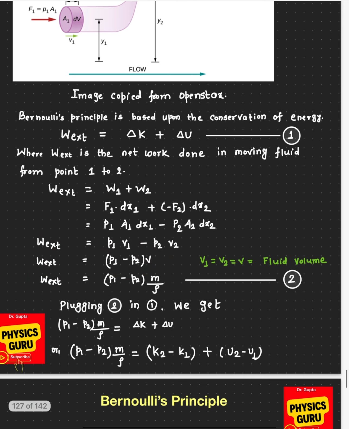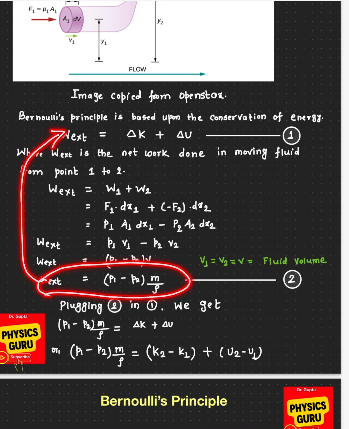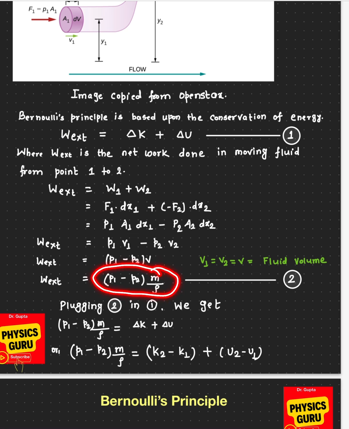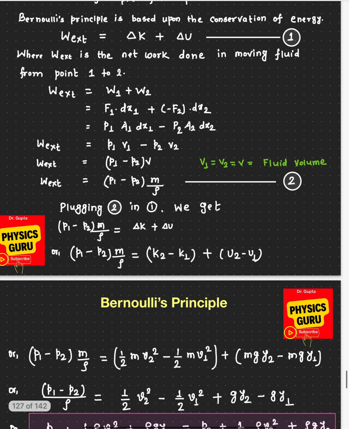So now let's plug equation number 2 into equation number 1. Instead of external work done, I'm writing down P1 minus P2 times m over density. That's what I have. And now I have delta K plus delta U, which is kinetic energy and potential energy. First, let's understand what delta K means.